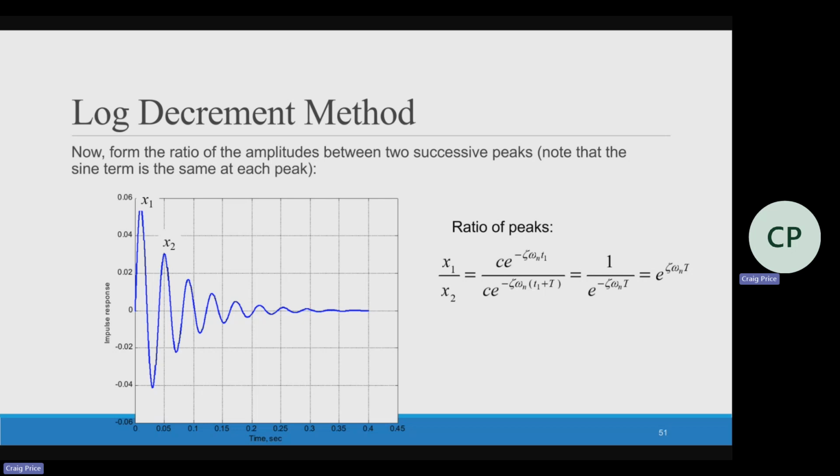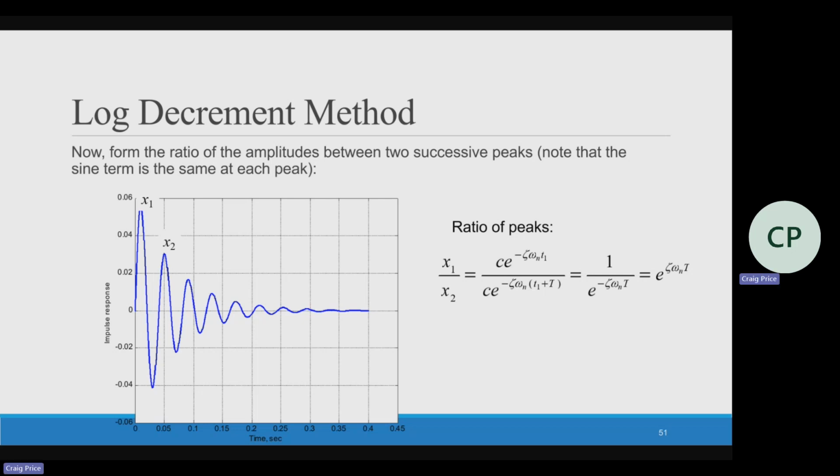So now this looks fun. We're going to form the ratio. So to get a little bit better approximation, I'm going to look at peak 1 and peak 2. And so going from 1 to 2, I add a period. So you see here we've got the capital T in the equation. So as time goes on, as I add a period, I can create this ratio of peaks where we get a lot of cancellation.